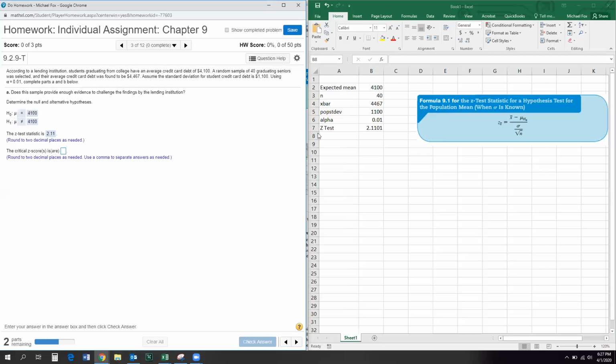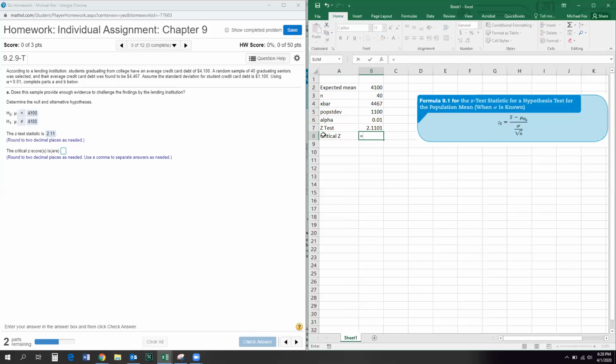Now it's going to want our critical z-score. So remember, because this is an equal or not equal to on our hypotheses, this is a two-tailed test that we're dealing with here. And if you remember from last chapter, our critical z for a two-tailed test is going to be the z of the alpha divided by 2.